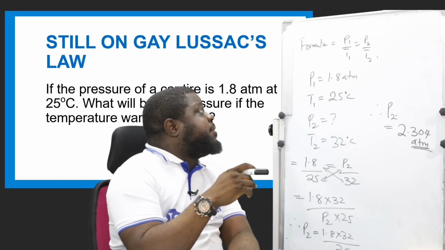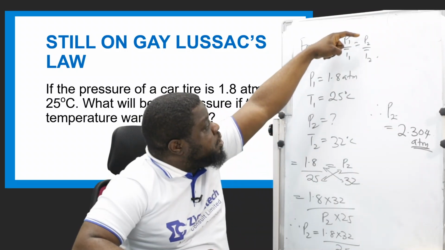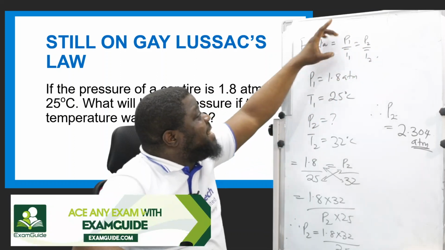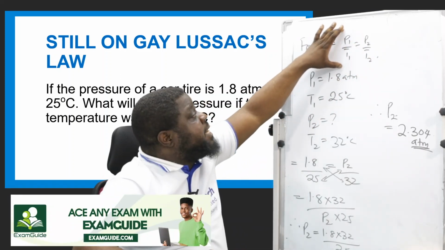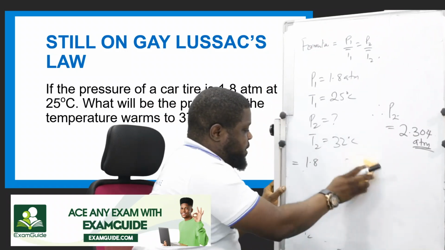Now, if you add this 2.304 to P2 and divide it by T2, the answer you get here will still be the same as the answer you get here.